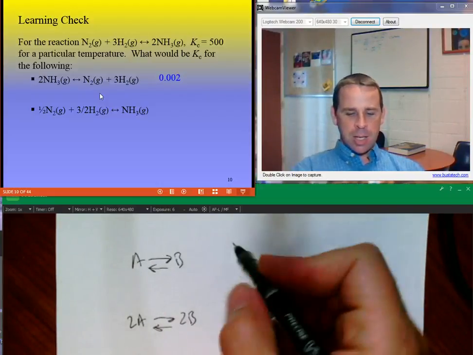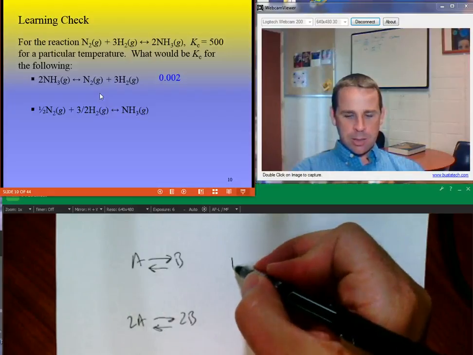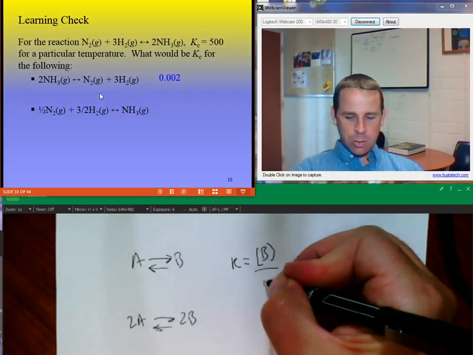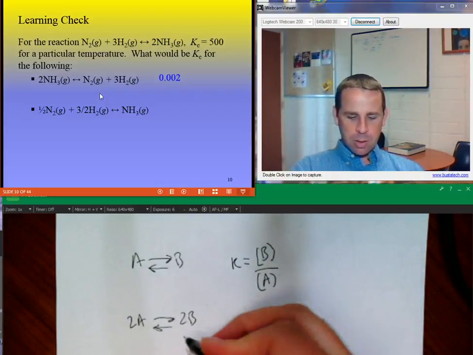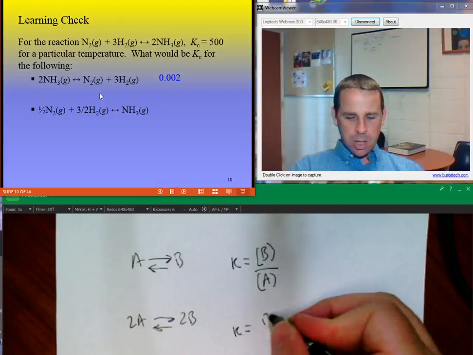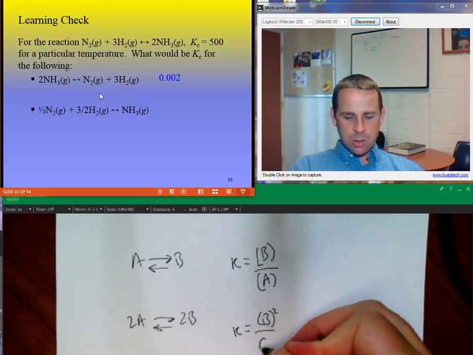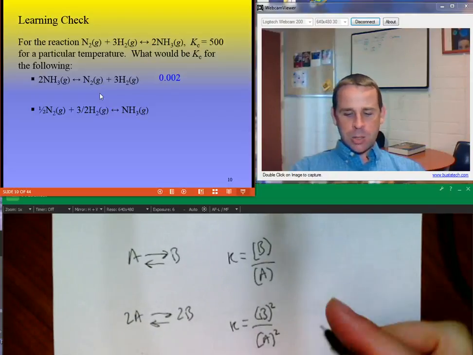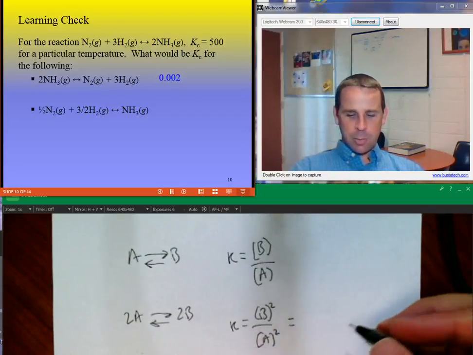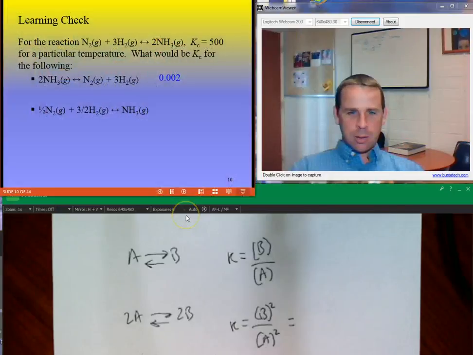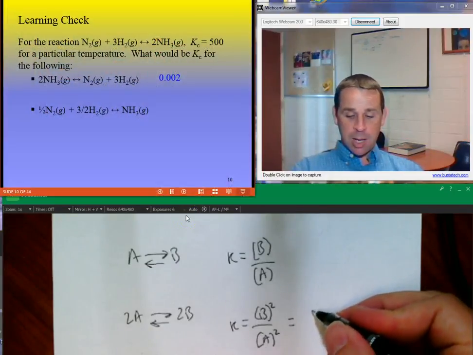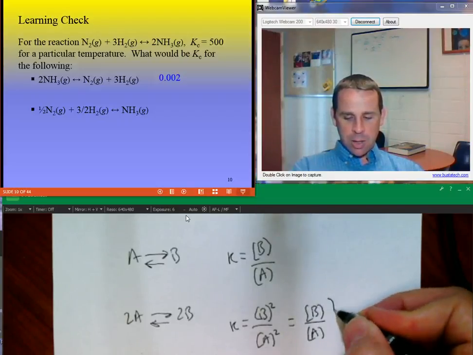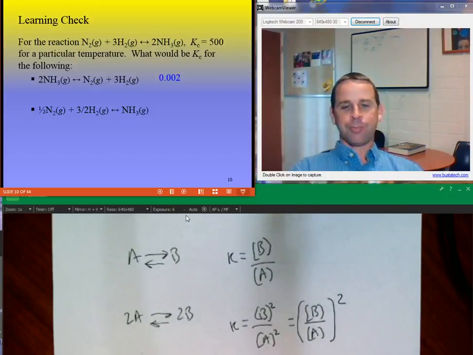The equilibrium expression for this one will be the concentration of B over the concentration of A. The expression for this one will be the concentration of B squared over the concentration of A squared. If you remember in Math 110, this can also be expressed as the concentration of B over the concentration of A, and that whole quantity squared.